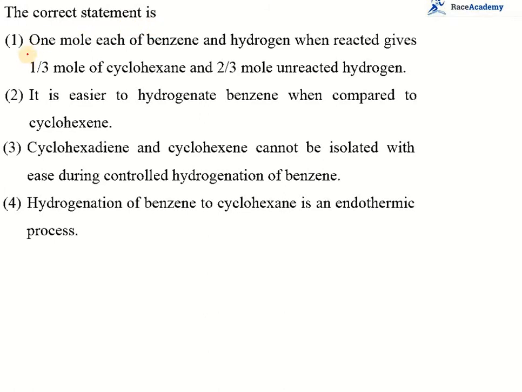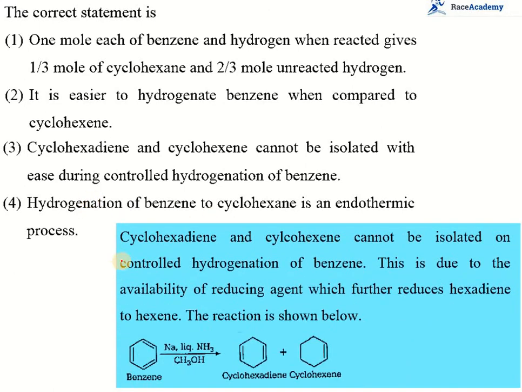The correct statement is: 1 mole each of benzene and hydrogen when reacted gives 1/3 mole of cyclohexane and 2/3 mole of unreacted hydrogen. It is easier to hydrogenate benzene when compared to cyclohexane. Next one, cyclohexadiene and cyclohexene cannot be isolated with ease during the controlled hydrogenation of benzene. Hydrogenation of benzene to cyclohexane is an exothermic process.